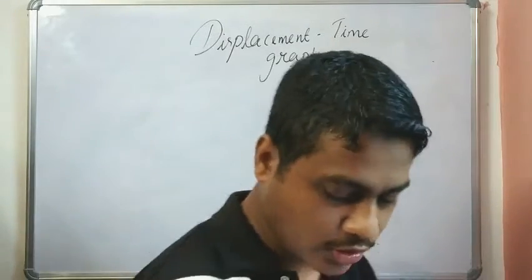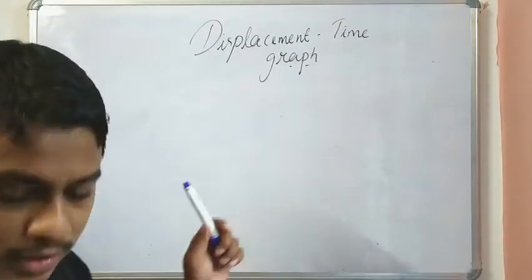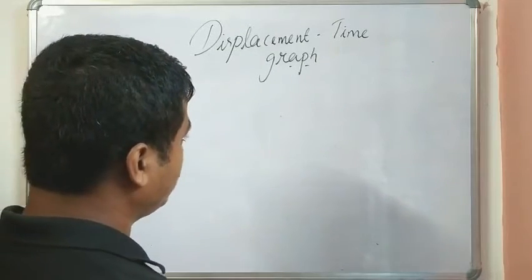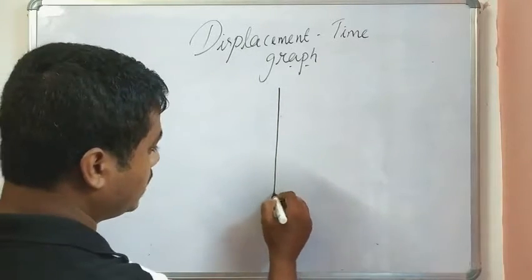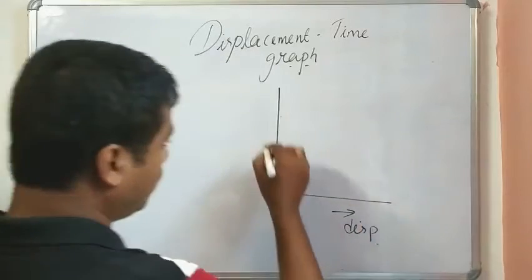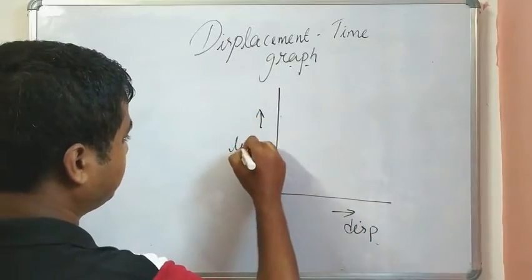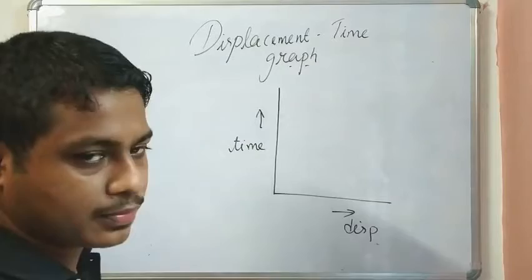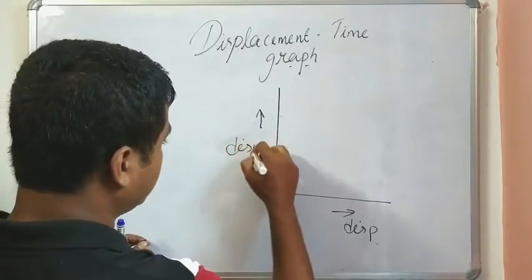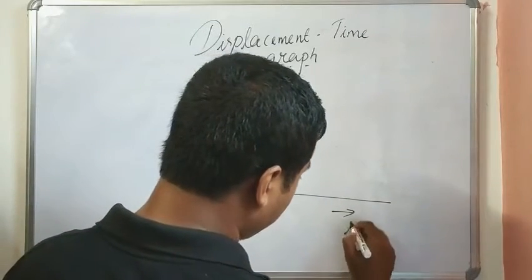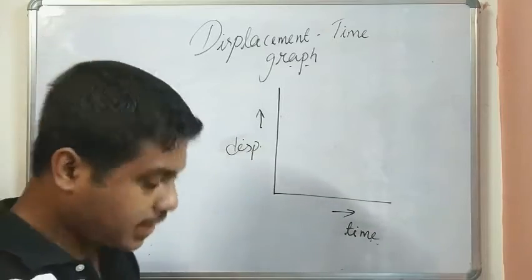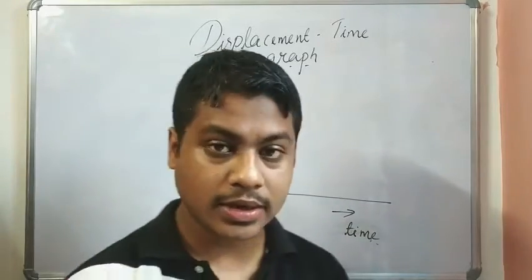Just look into it. The first graph is your displacement time graph. Suppose on the x-axis we have the displacement and on the y-axis we have the time. Or you can do one thing: I'll consider this as displacement and this as time.